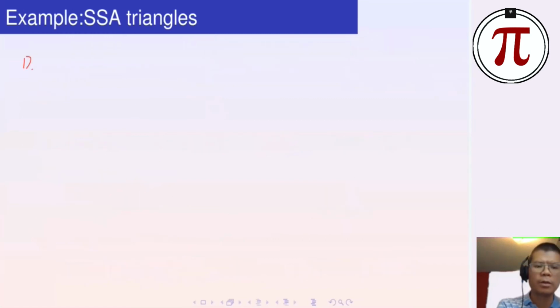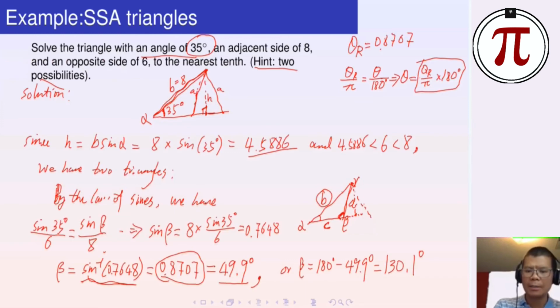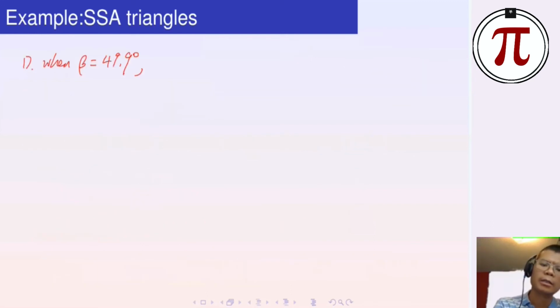When beta equals 49.9 degrees, what is going to be the angle for gamma? The gamma is going to be 180 minus 35 degrees minus 49.9 degrees.